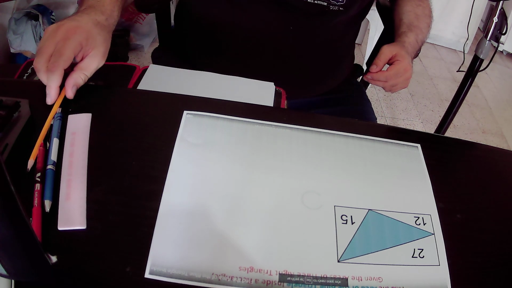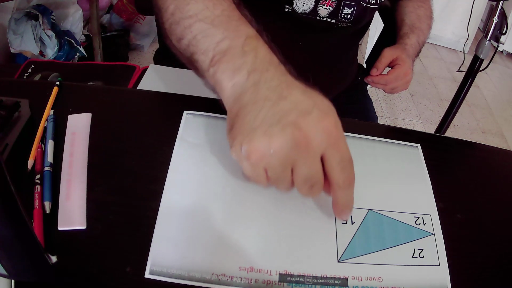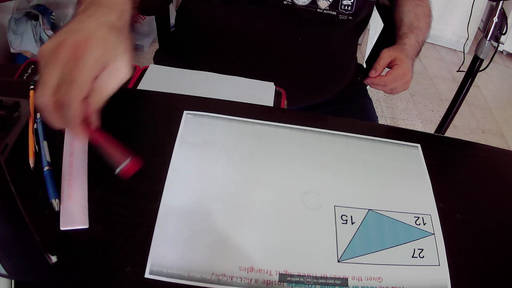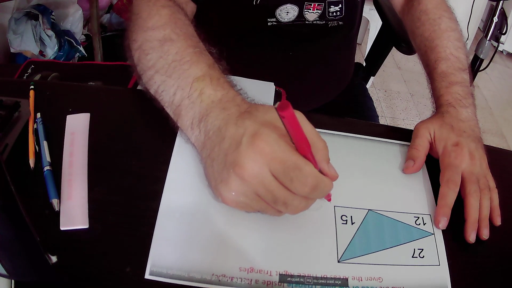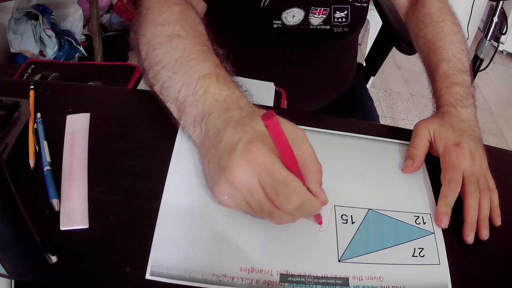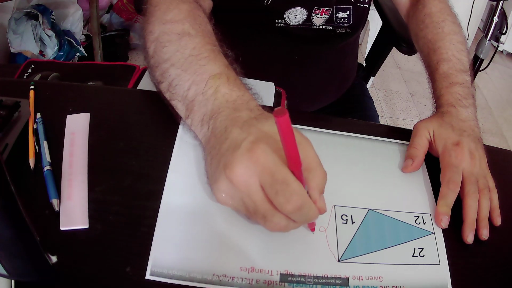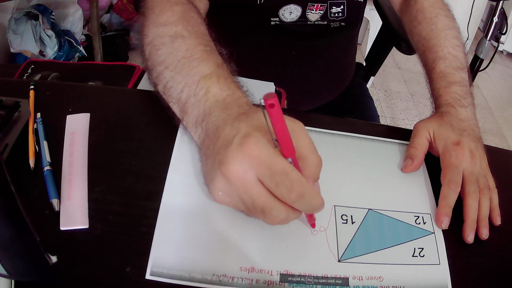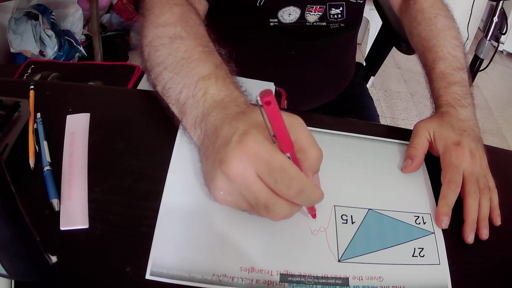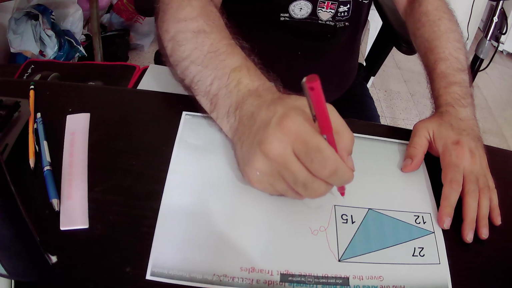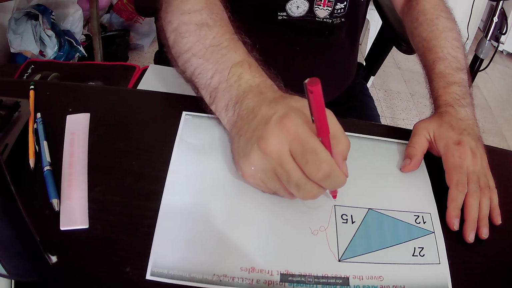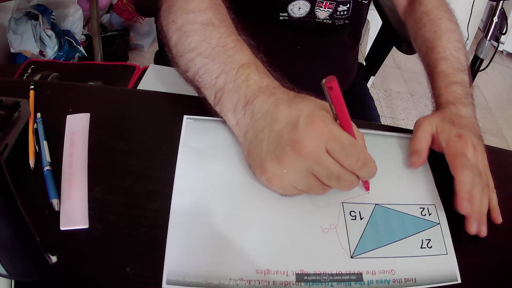So let's set the width of the rectangle as a variable a. The width of the rectangle will be set as variable a, and the length of the rectangle will be set as variable b.